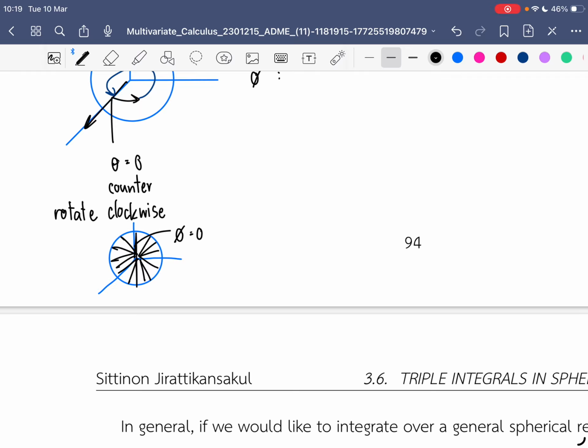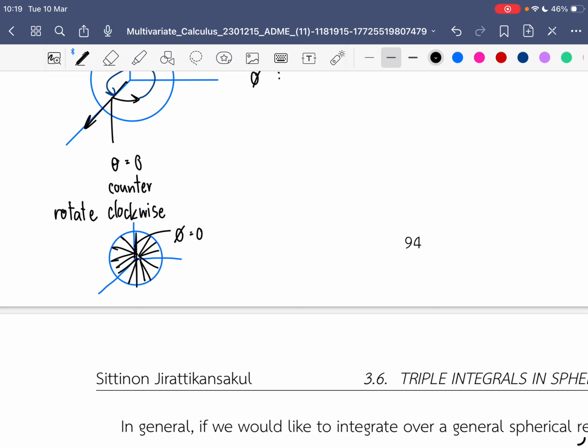Okay, let me draw this way. Suppose you have plus z and minus z. This is 0. The way you measure the angle phi, you start from the plus z axis.